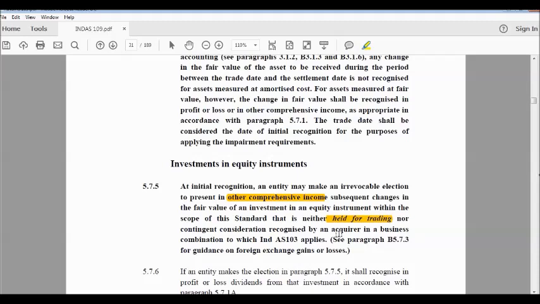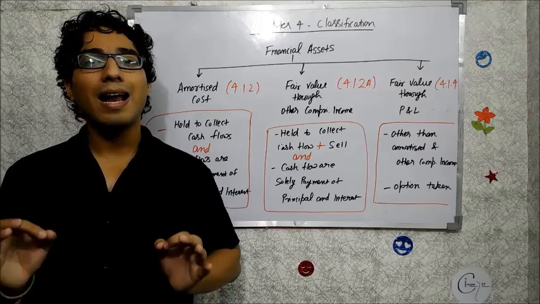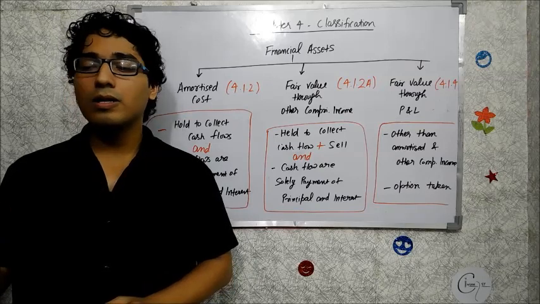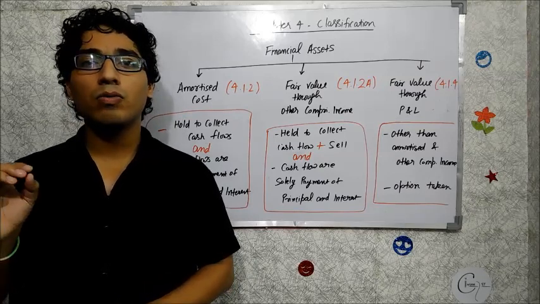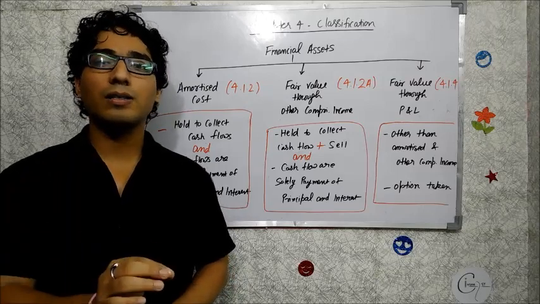So if you want that irrevocable election to present in other comprehensive income subsequent changes in the fair value of the investment in equity instrument that is not held for trading, then you can classify it into other comprehensive income.